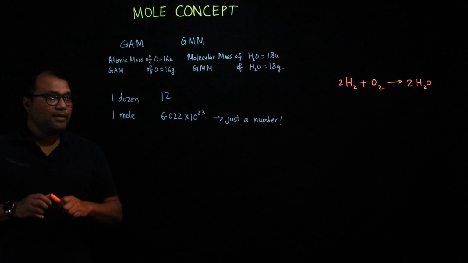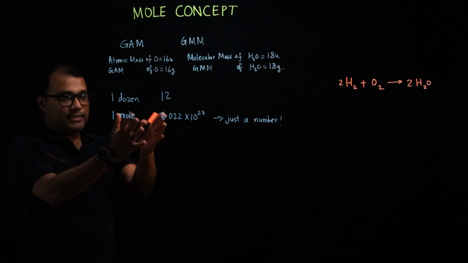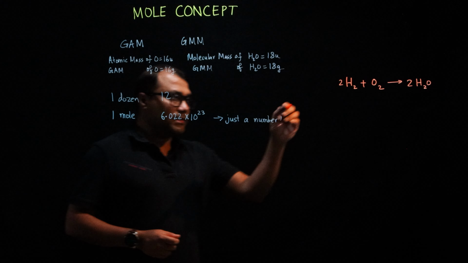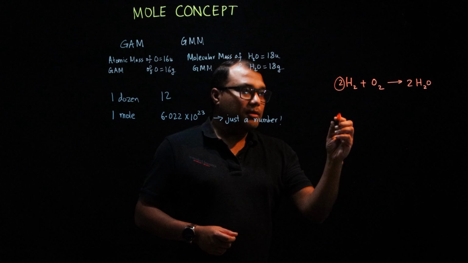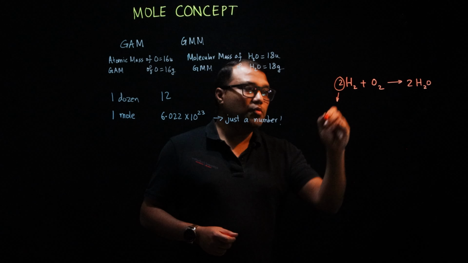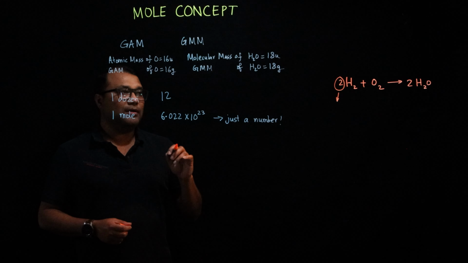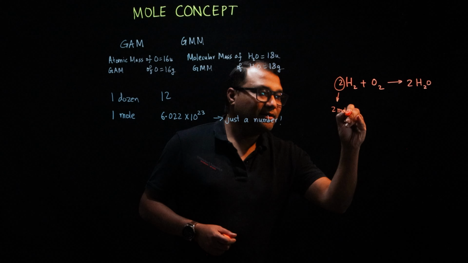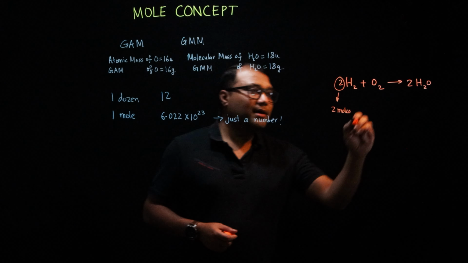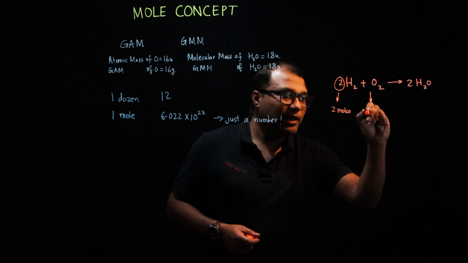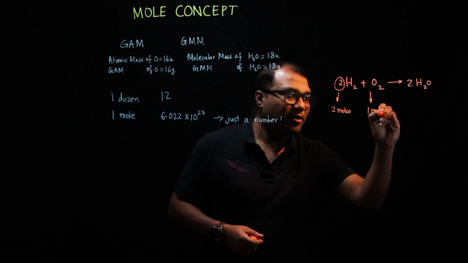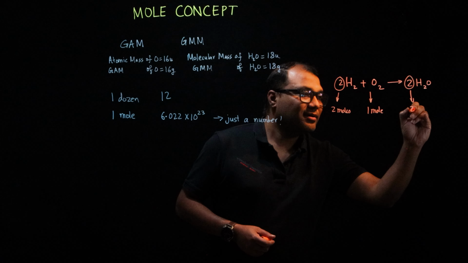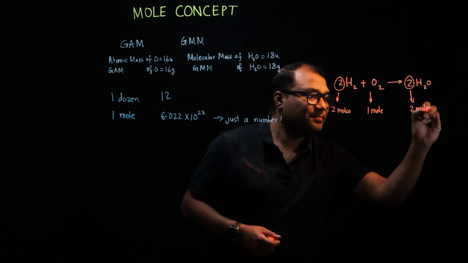So the reason we take this big a number is because these numbers that you see, you can very well replace 2 molecules of hydrogen by 2 moles of hydrogen combining with 1 mole of oxygen to form 2 moles of water.